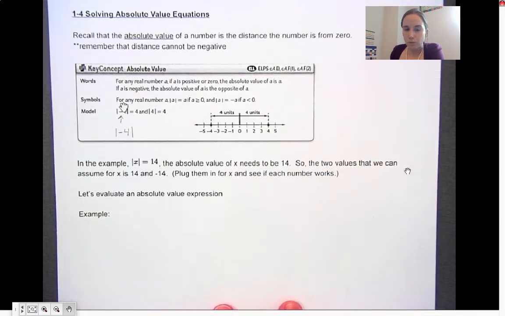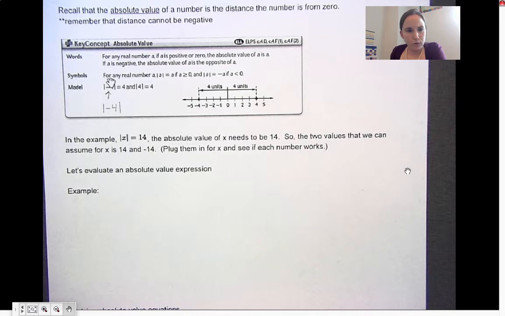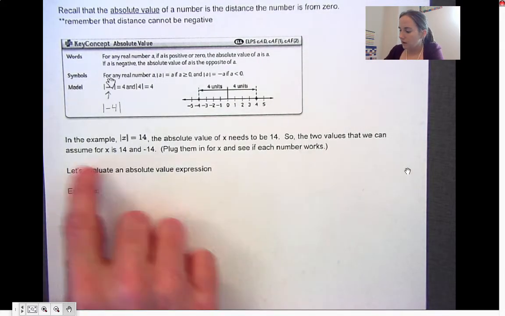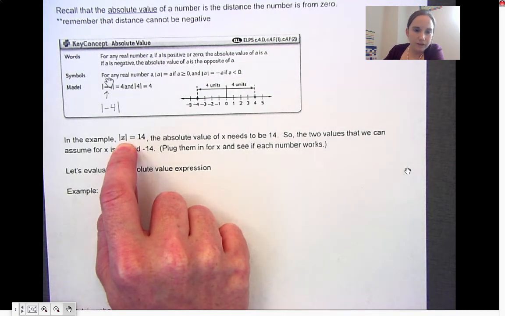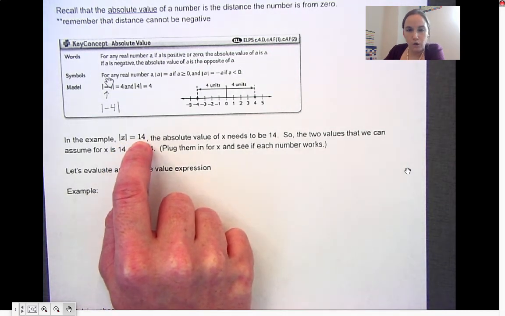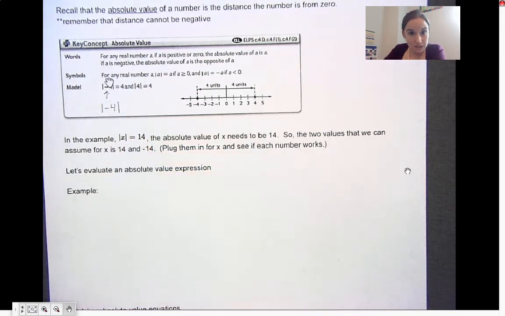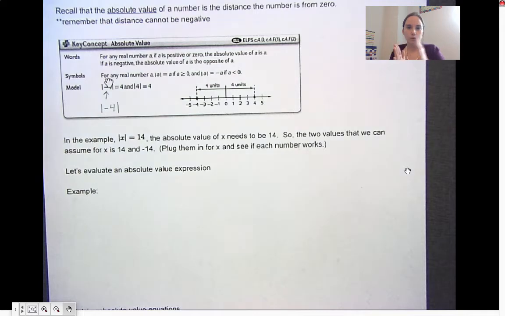Okay? So if you can recall that, then let's change it up a little bit. If we have an example, the absolute value of x equals 14, in order to get my distance from 0 equal to 14, I can either be on the left side at -14, because that's 14 steps away from 0, or I can be at +14, that's also 14 steps away.